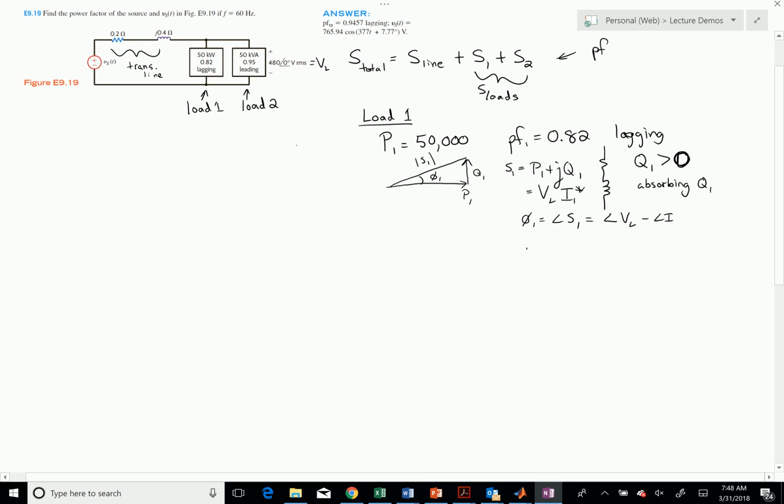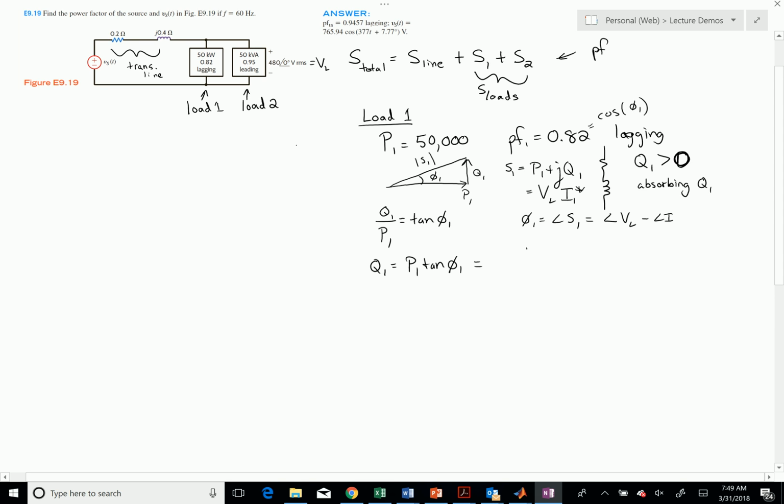I know the power factor, which is essentially the cosine of phi 1, and I know P. Looking at this from a purely vector perspective, opposite, which is Q, over adjacent, which is P, is the tangent of phi 1. So Q1 has to be P1 times the tangent of phi 1.